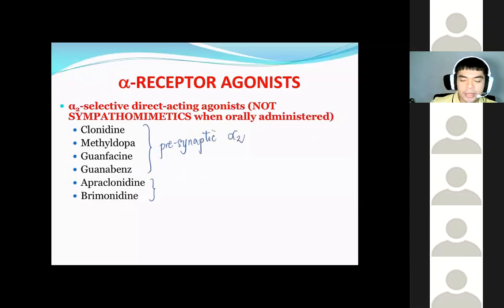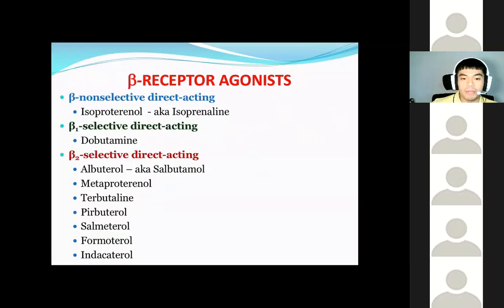So they activate presynaptic alpha-2 receptors, whereas ang apraclonidine and brimonidine, more of postsynaptic alpha-2 ang tinatarget nila. You will further understand them pag nag-discuss tayo ng clinical uses nila. So sort of memorization to mga drug names. So we have clonidine, methyl-dopa, guanfacine, guanabens, apraclonidine, and brimonidine.